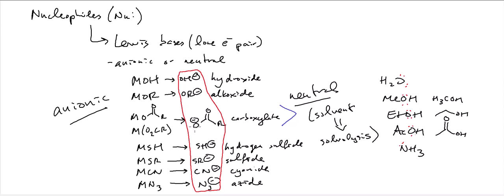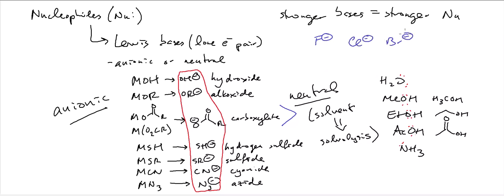And what we see in terms of nucleophilic strength is that the stronger bases are stronger nucleophiles. So if we were to write the halide series, we have F minus, Cl minus, Br minus, I minus.